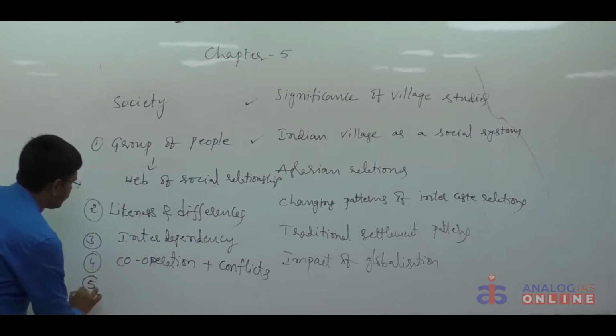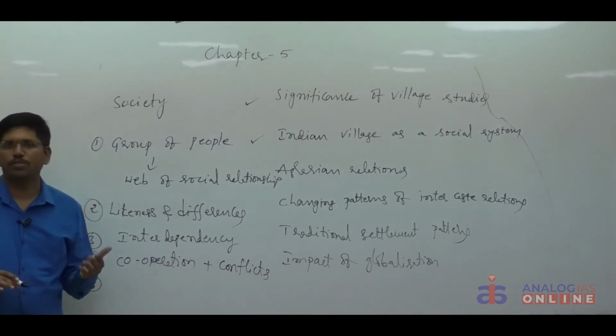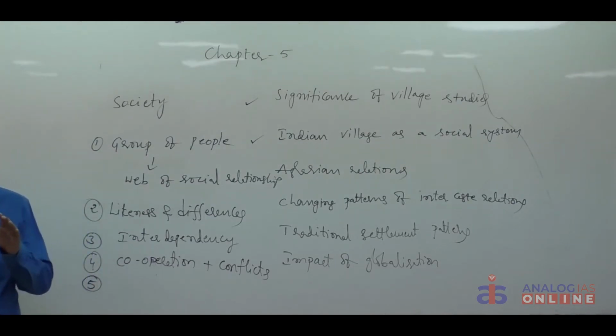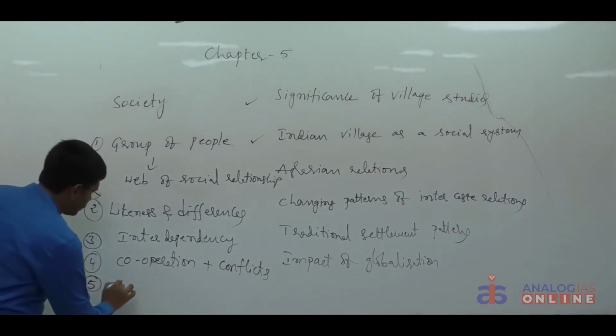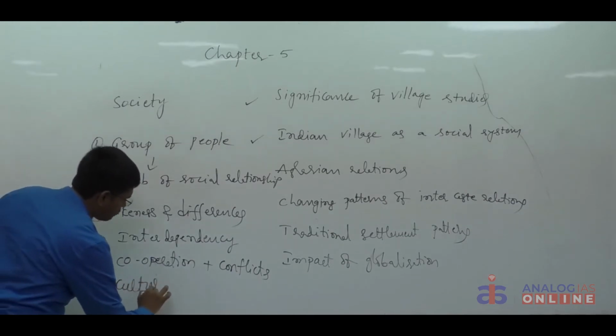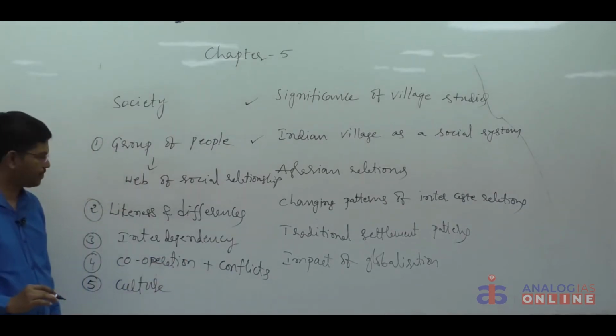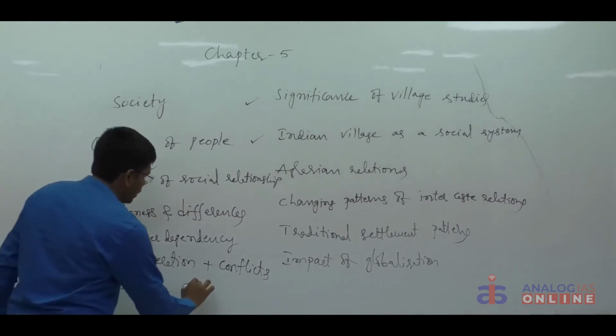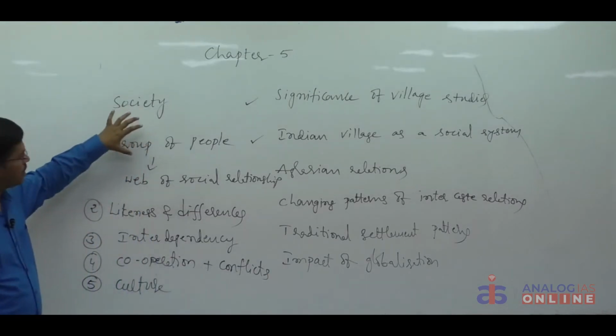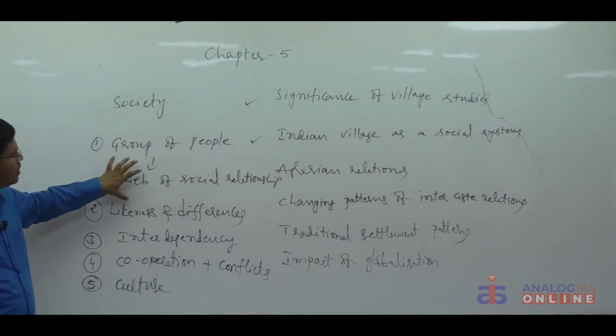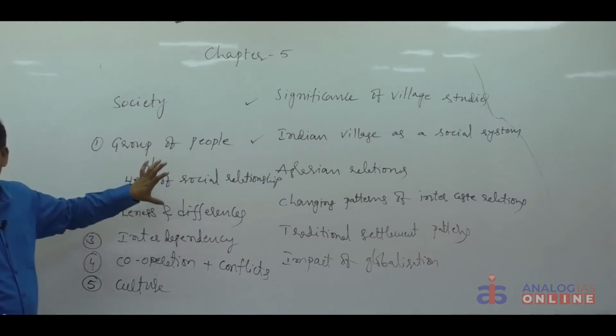And after this, for a society to survive, there must be some set of rules, some set of values, some set of beliefs. That's why in every society one comprehensive culture must be there. And society is nothing but a group of people who are interlinked with each other by a web of social relationship.